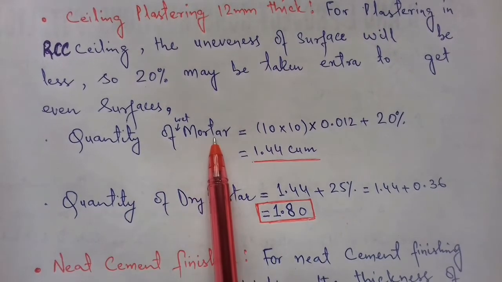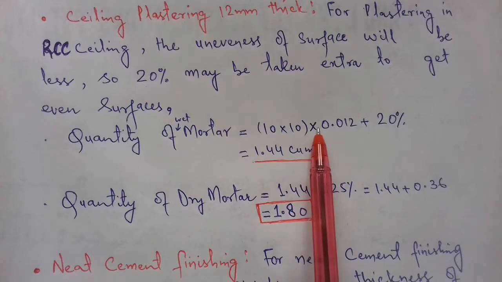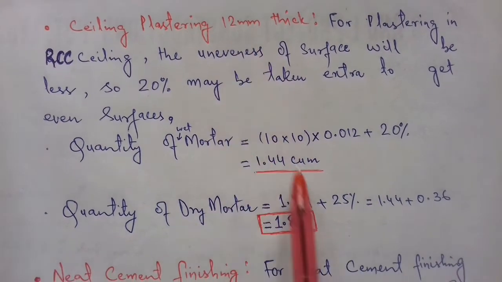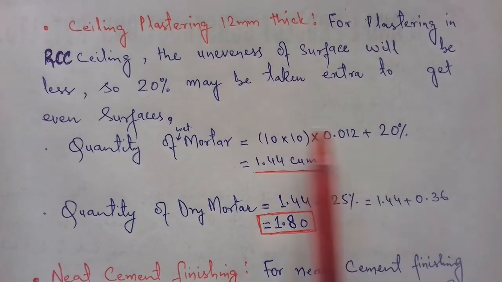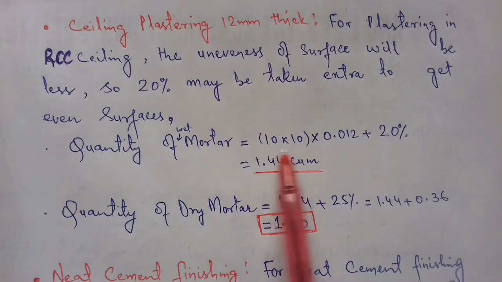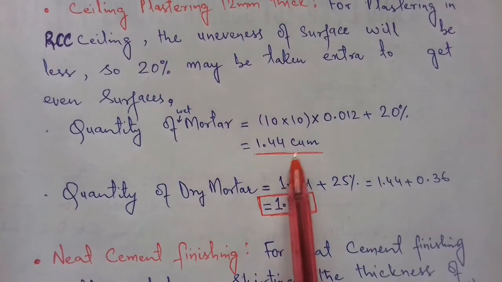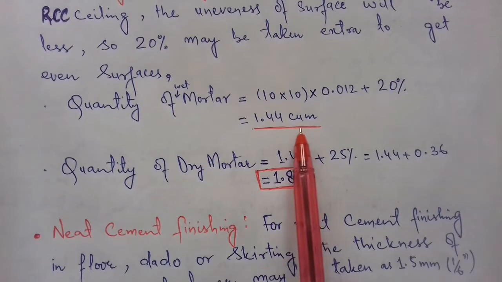Therefore, the quantity of wet mortar is the same length multiplied with height multiplied with thickness of this plastering, that is 12 mm, that comes to be 0.012 meter, plus 20% of this quantity. After calculation we get our quantity of wet mortar equal to 1.44 cubic meter.